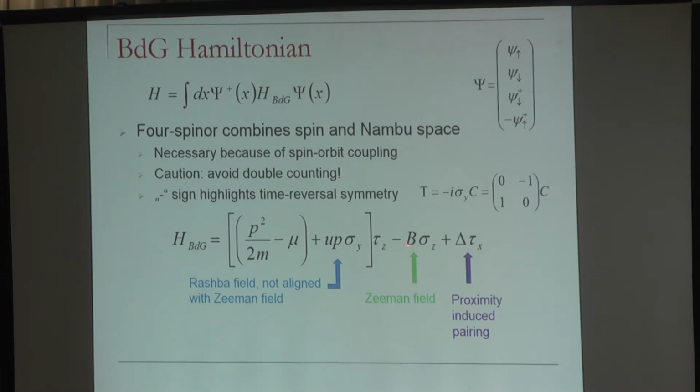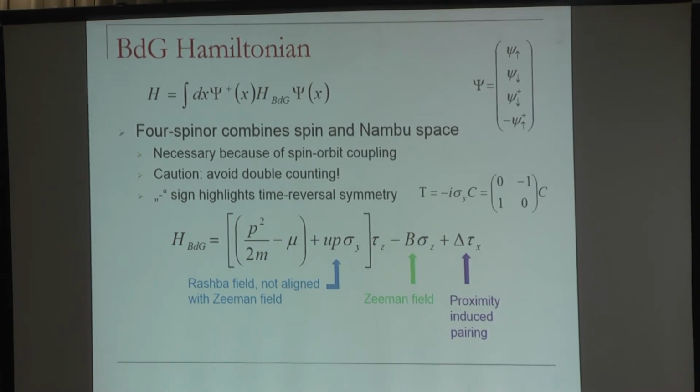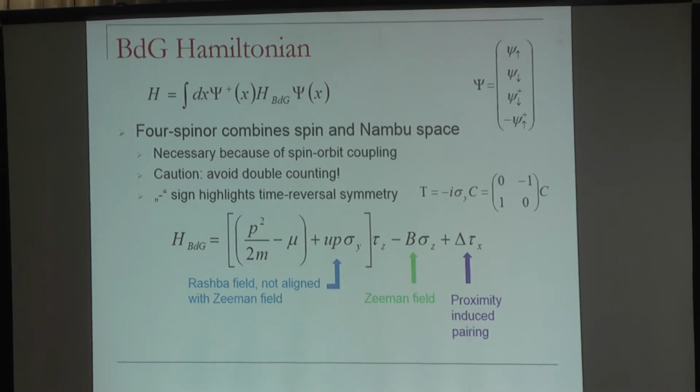Now the Zeeman field is different. It doesn't have a tau z because this is a term that changes sign under time reversal. The other terms don't, so they have to appear with the tau z. This doesn't, but it comes with the sigma z because the magnetic field here is assumed to be in the z direction. And finally, we have a proximity-induced pairing because it's an S-wave superconductor that does the pairing.